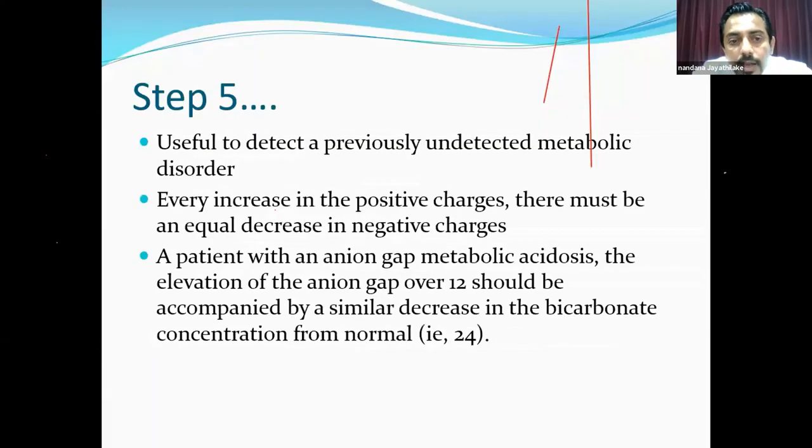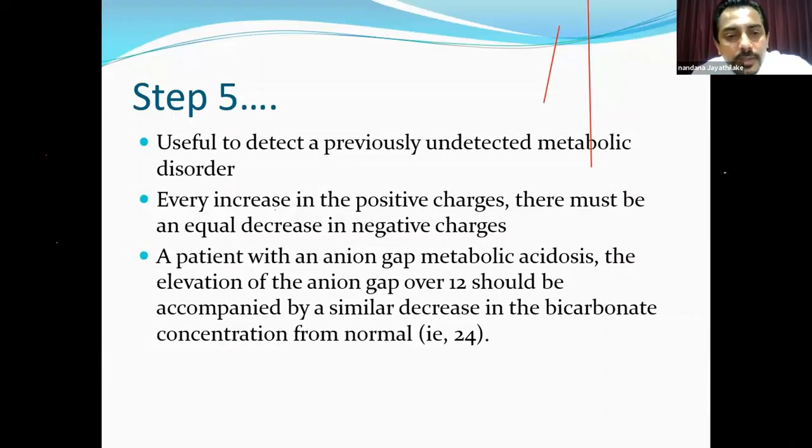Right. Now, step 5. Step 5 is useful to detect a previously undetected metabolic disorder. So far so good. Can you understand? Have I confused you, or do you totally understand? Can somebody respond? Yes, sir.